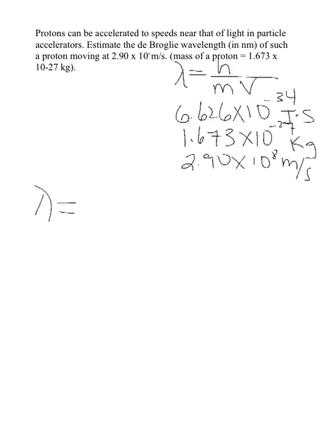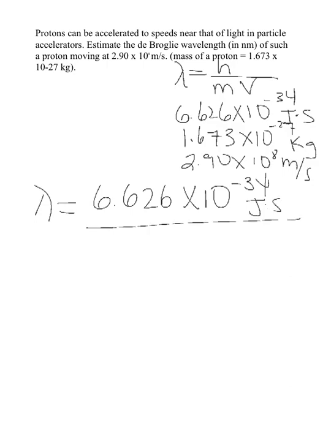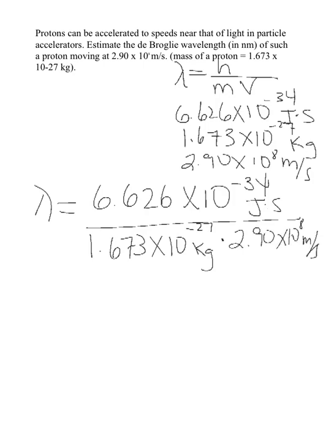The wavelength is equal to 6.626 times 10 to the negative 34 joule seconds divided by the mass, which is 1.673 times 10 to the negative 27 kilograms. And the velocity was 2.90 times 10 to the 8th meters per second.